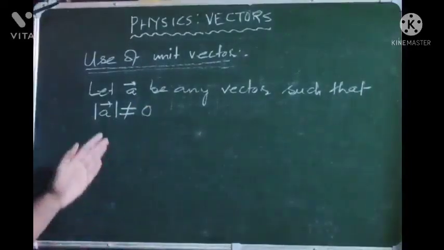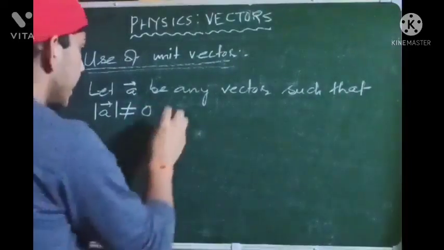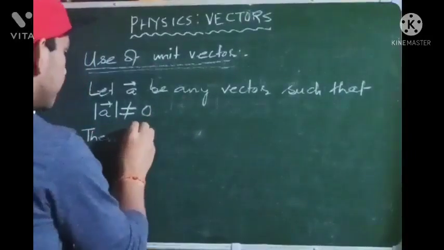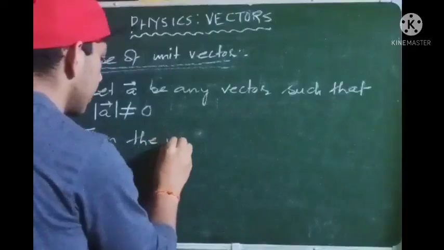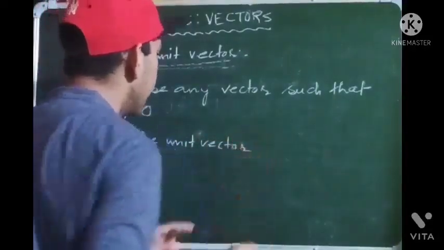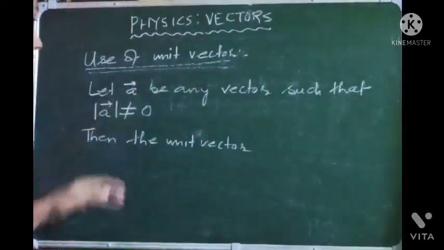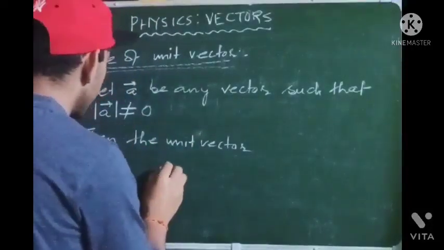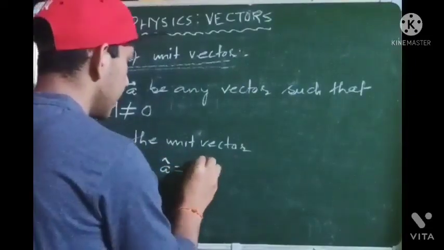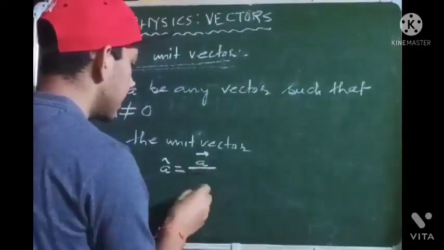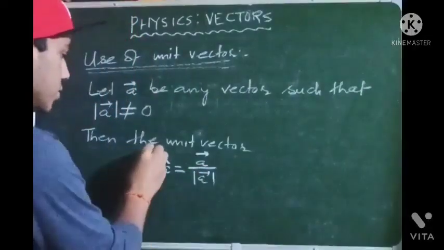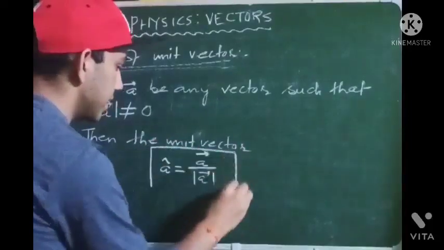It can be 1 or any other number except 0. Then the unit vector along the direction of this a vector can be represented as a cap is equal to a vector divided by its modulus. In this way, the unit vector is represented.